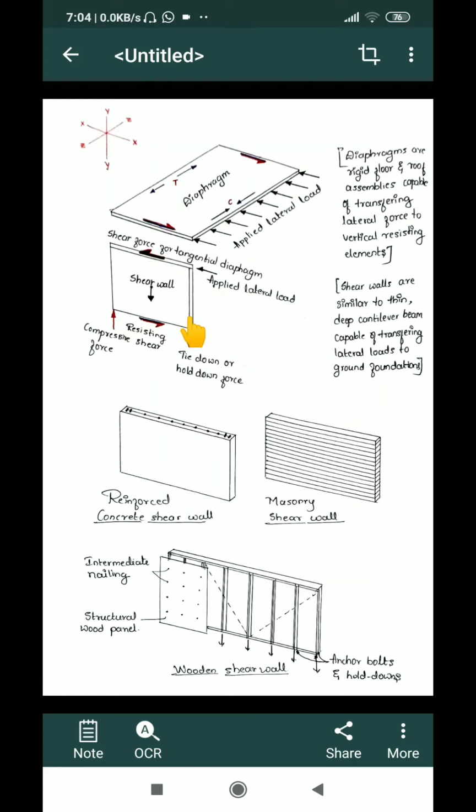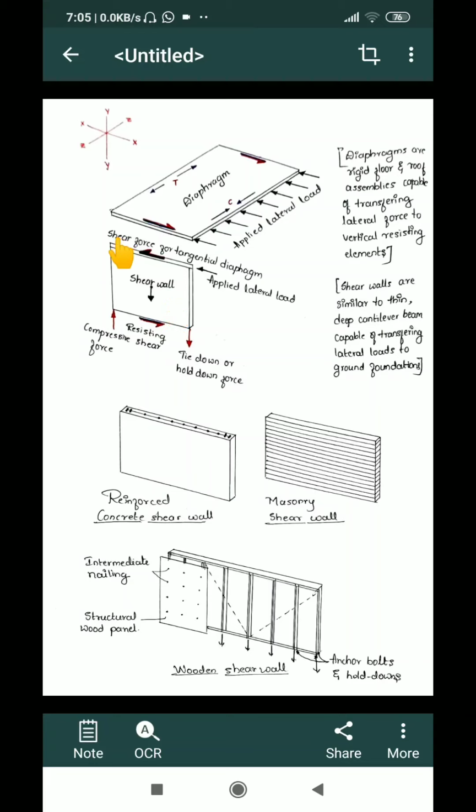Why this happens is because along the xy plane, the stiffness of the wall is comparatively more than along the xz plane. So when I apply a load along this, there will be a very huge moment of inertia as well as radius of gyration, whereas when I apply the load along the z direction, the moment of inertia will be less and the radius of gyration will also be lesser.